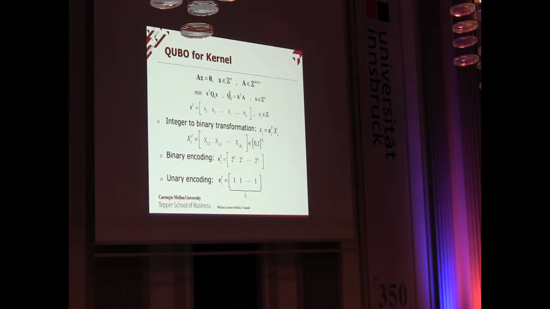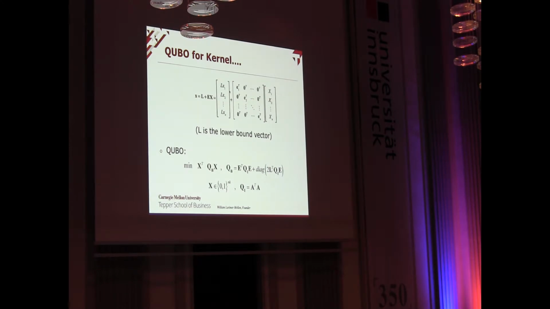So for the Graver basis, we need a QUBO for Ax equal to 0. Basically, the QUBO for that is A transpose A in the integer domain. We need an integer to binary transformation. We can use binary encoding or unary encoding for each of them. You can go through this in the paper. It's pretty easy.